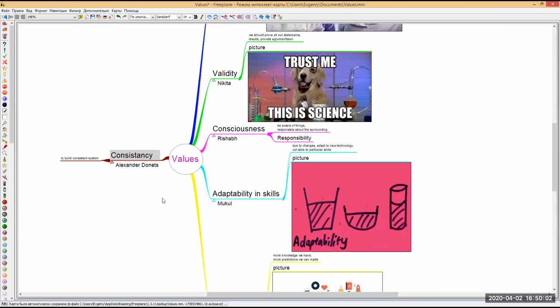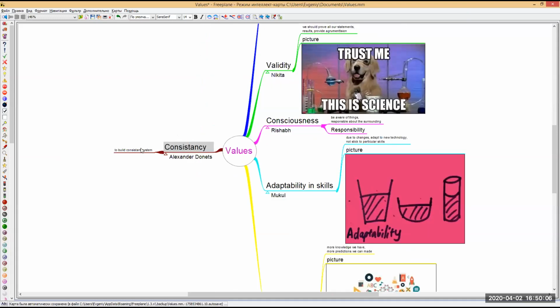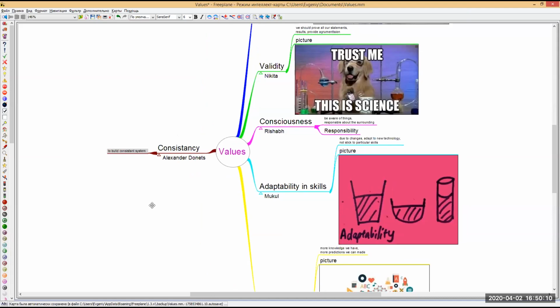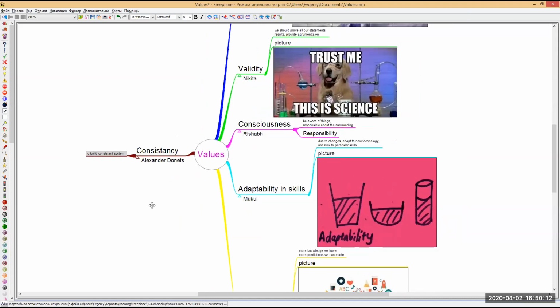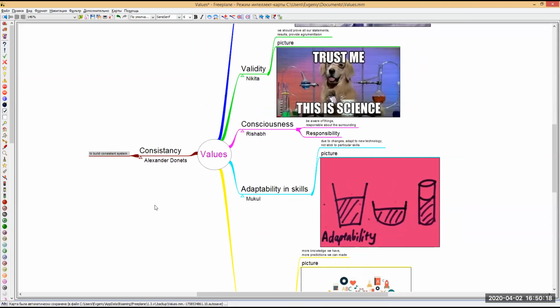So I mean, when we talk about validity and adaptability, in the first case, we say that we should prove things, and also we should adapt to new situations.